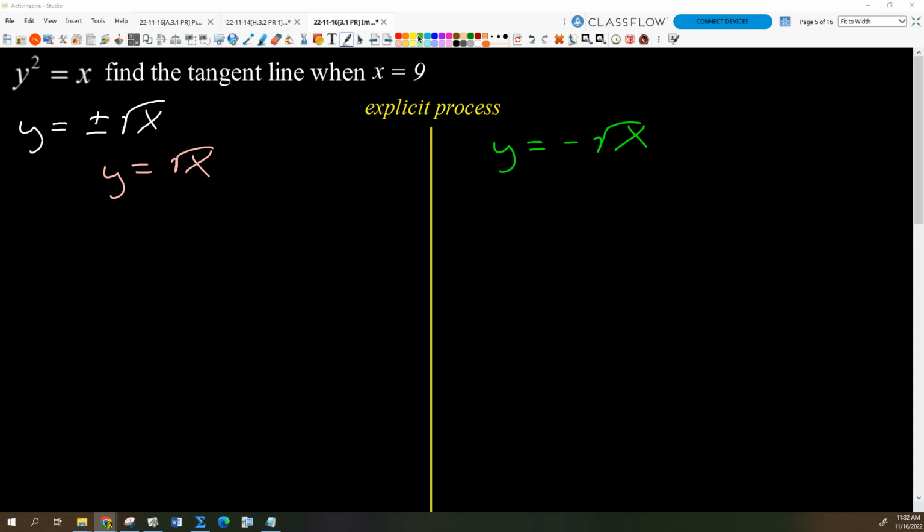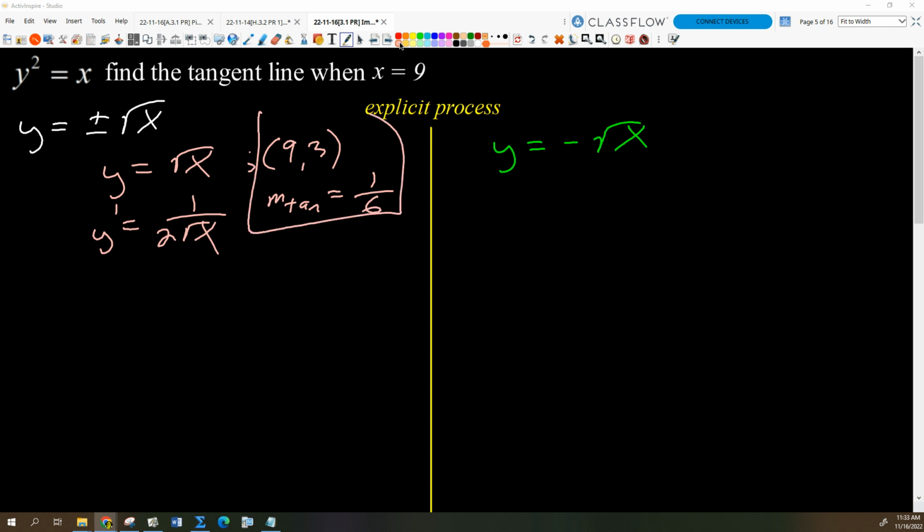Okay, so we already did the work on this one. We calculated y prime and got 1 over 2 times the square root of x. And so we were able to plug in the point over here, 9, 3, and this gave us the slope of the tangent line was 1/6, right? That's all the information we extracted from our function and its derivative.